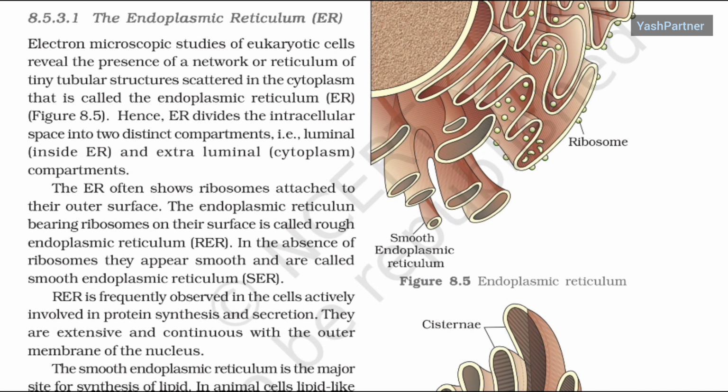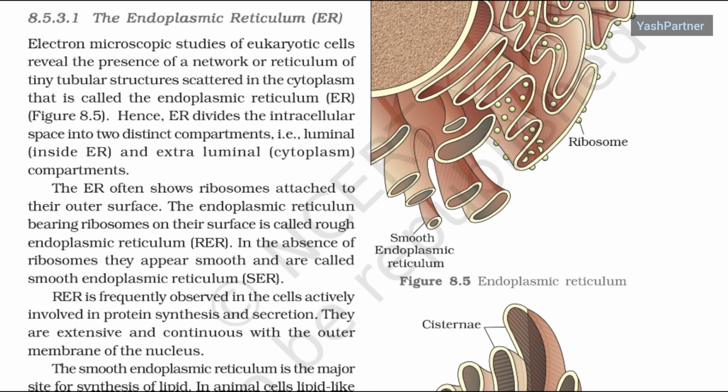Hence, ER divides the intracellular space into two distinct compartments, that is, luminal inside the ER and extraluminal cytoplasmic compartment. The ER often shows ribosomes attached to their outer surface. The endoplasmic reticulum bearing ribosomes on its surface is called rough endoplasmic reticulum, RER. In the absence of ribosomes, they appear smooth and are called smooth endoplasmic reticulum, SER.